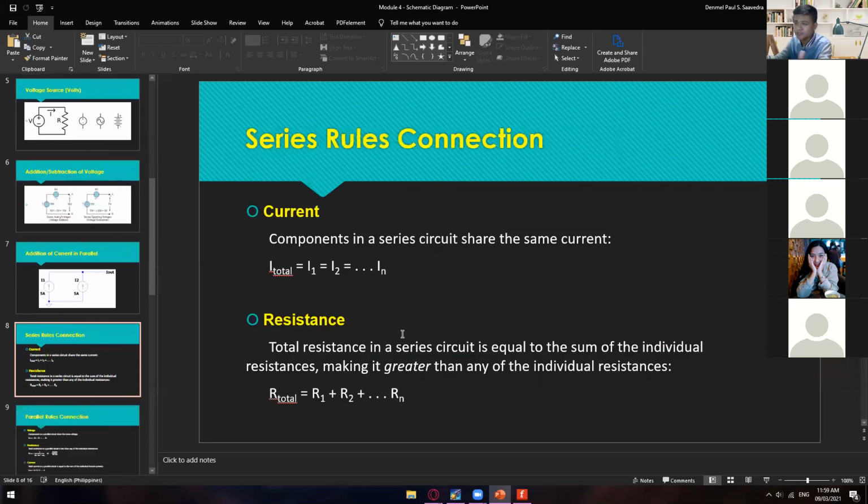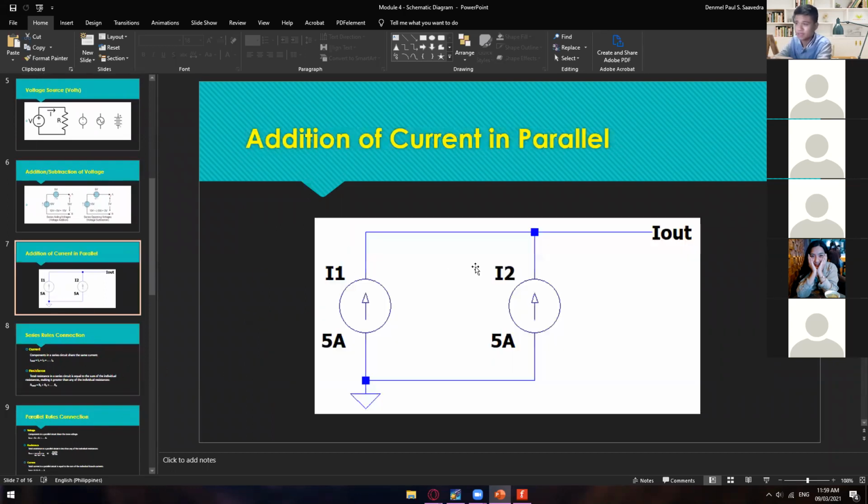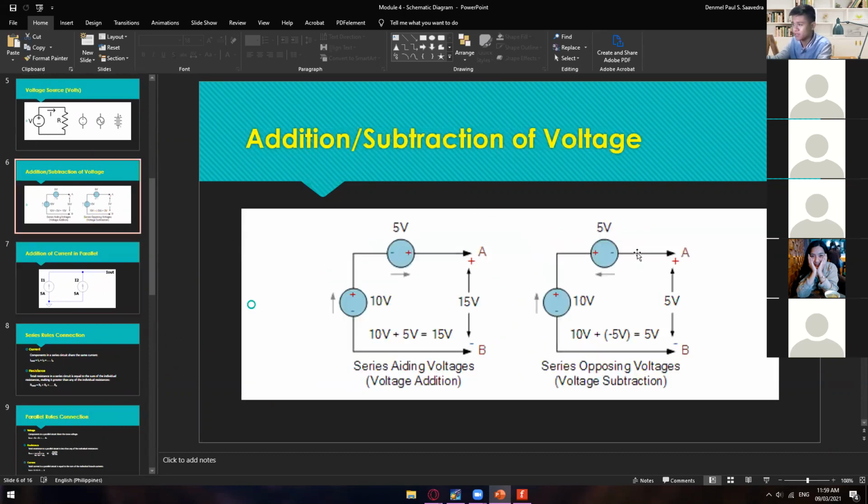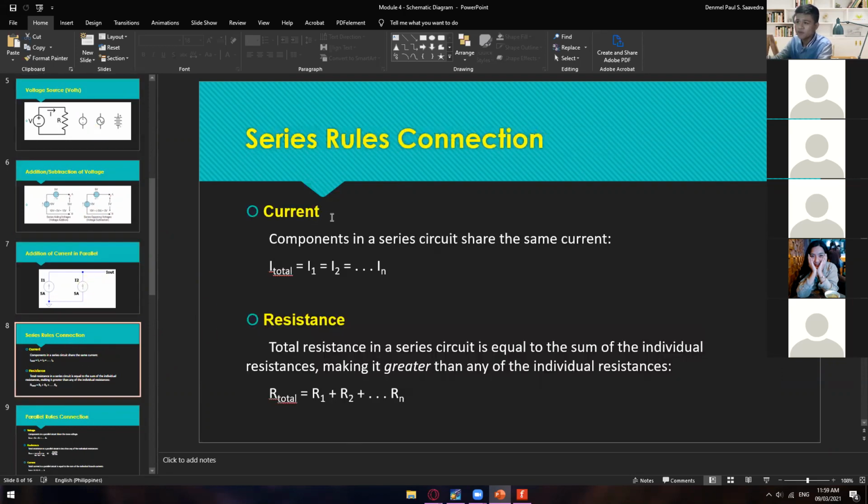And here are just some of the series formulas, just in case you want to solve the output at this point. Let's say, what is the output of the voltage source at this point? So we have here, for the series, of course, the current.